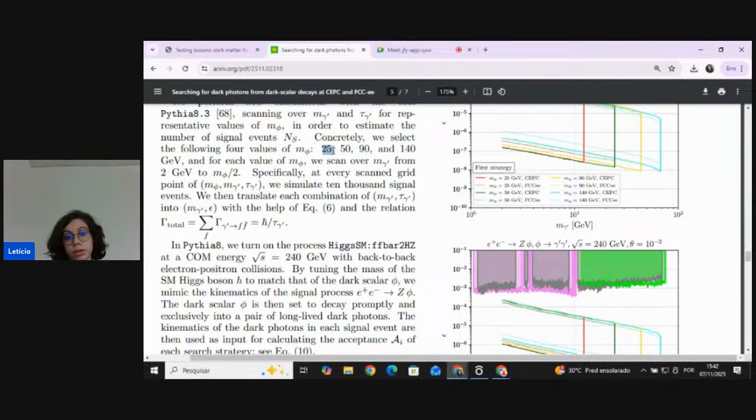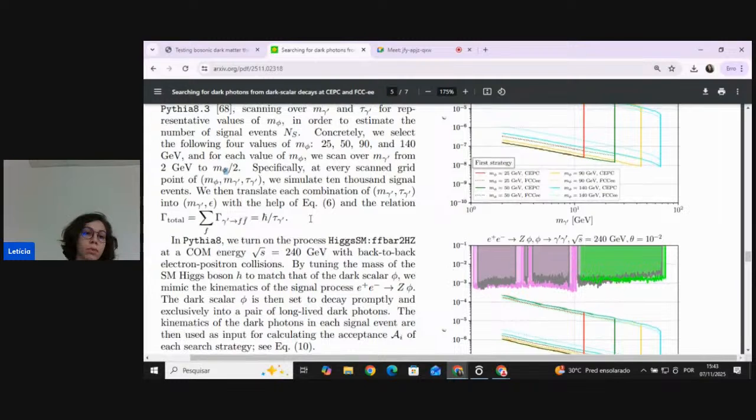So they considered some fixed masses for the scalar field, and for each mass, they did a scan over the mass of the dark photon from 2 GeV up to half of the mass of the dark scalar.